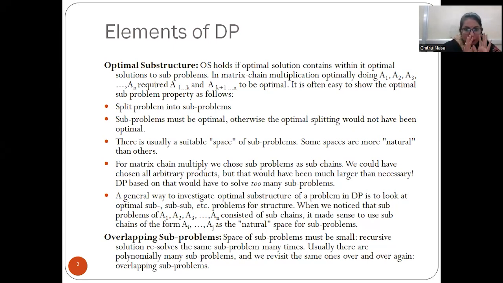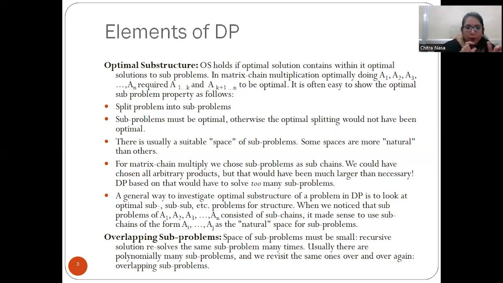Now, what is optimal substructure? The optimal substructure property says that you will get the optimal solution at the global level only when you get the optimal solution for the subproblems, because the problem is divided into subproblems. If the subproblems give you the optimal solution, then the main problem will give you the optimal solution for the final problem. That's how it is considered, and that's why it's guaranteed to give the optimal solution for any problem.